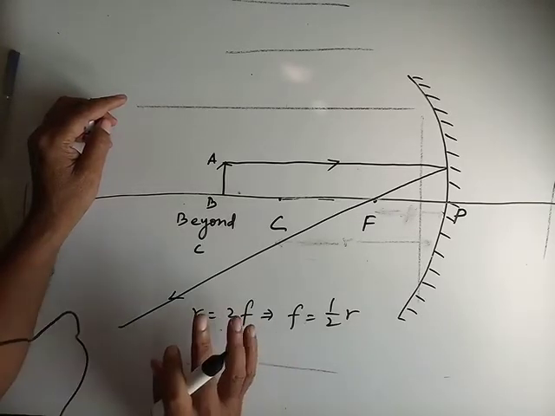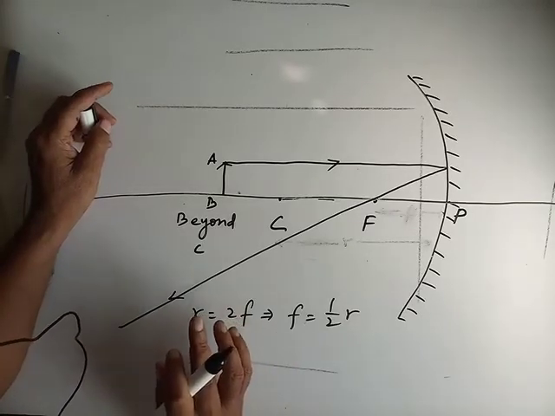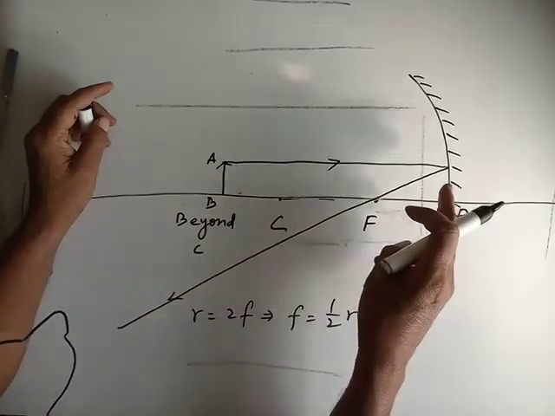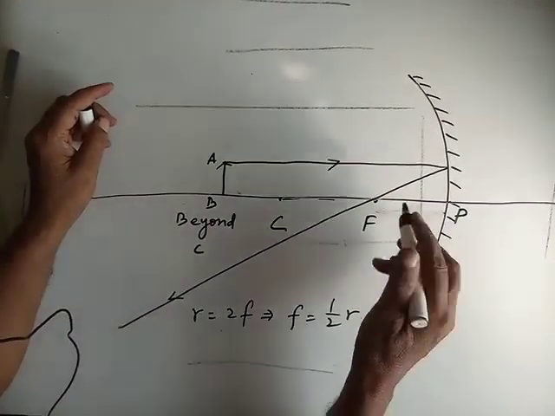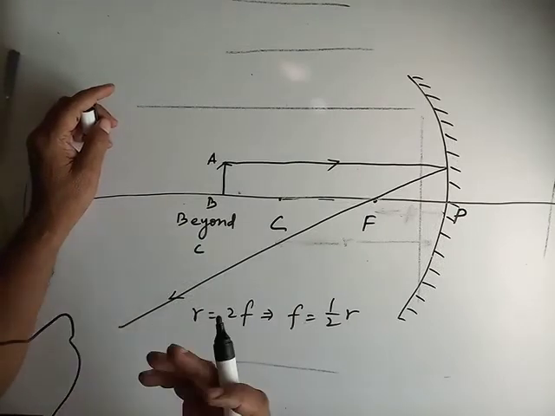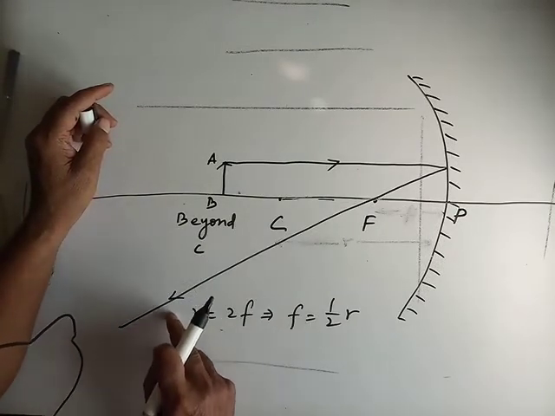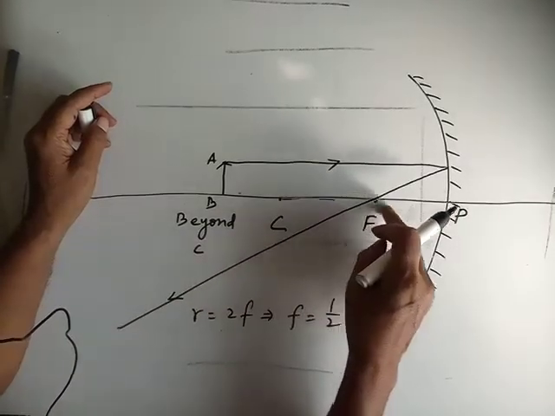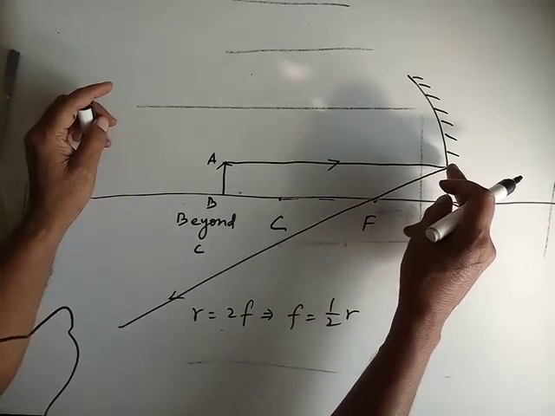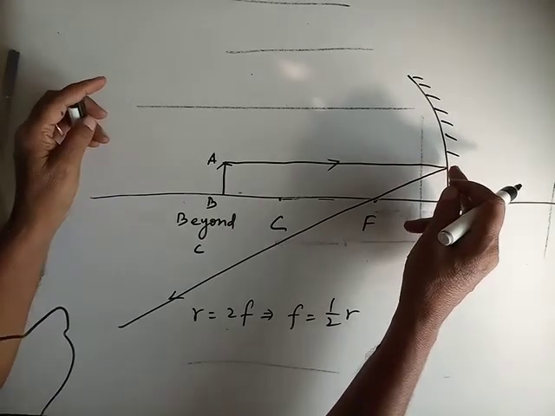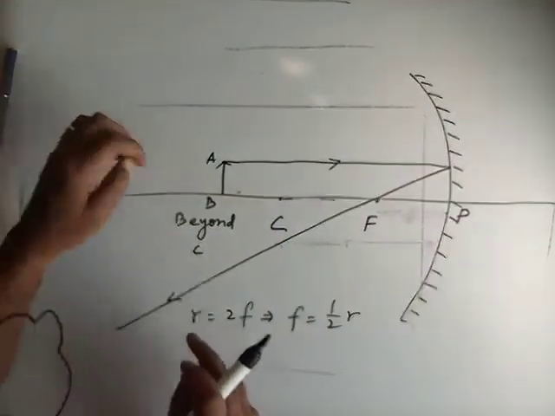This is very important. Opposite to this, any ray which is passing through the focus, after reflection will reflect parallel to the principal axis.